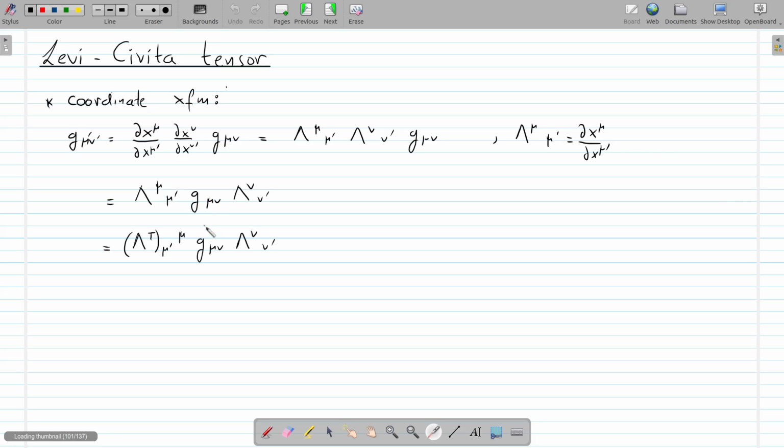So what I will do is I will consider the transpose of that matrix. So rows and columns are exchanged. So mu moves to the row slot, and mu prime moves to the row slot, and mu to the column slot. And then you see that the indices are summed, so rows are multiplied by columns. So this expression here can be obtained by computing the product of those three matrices, and that will give us the components of G in the new coordinate system.